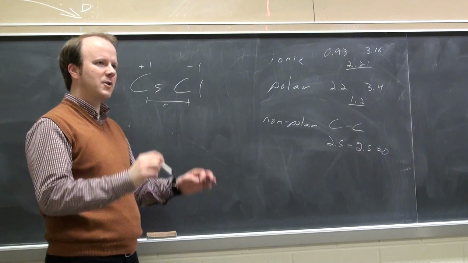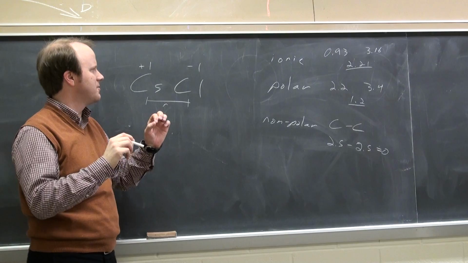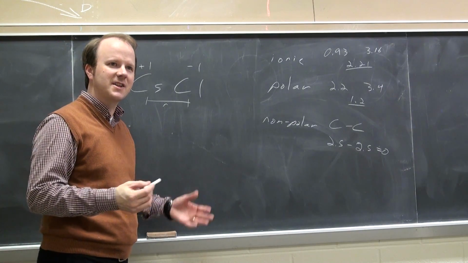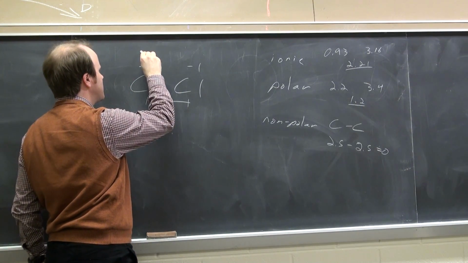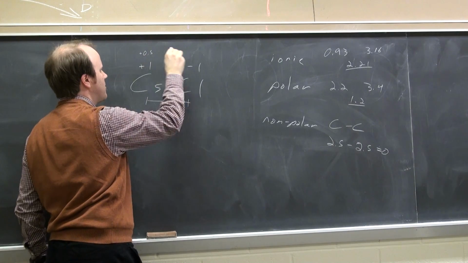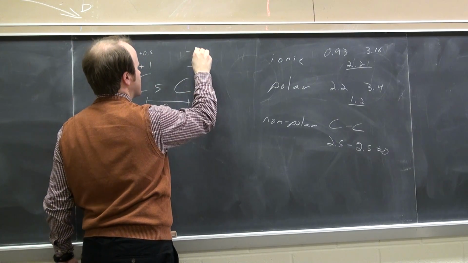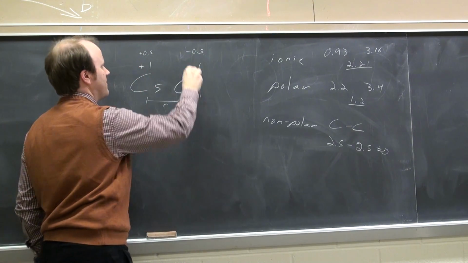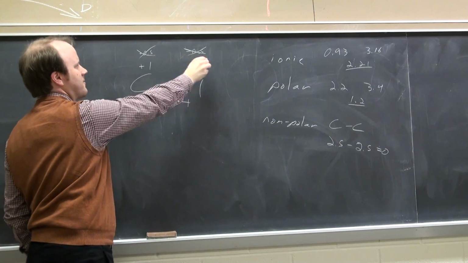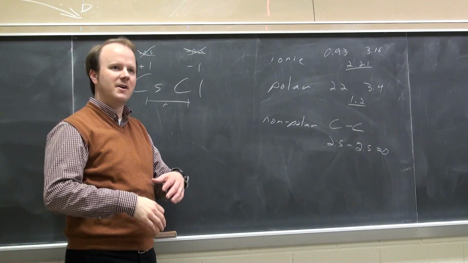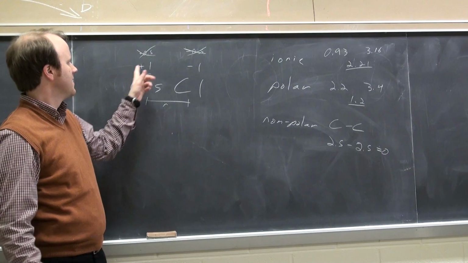In this class, we're not going to compute partial charges or anything like this. So you won't have to know that cesium is actually plus 0.5 and chloride is minus 0.5, anything like that. Those numbers come from the electronegativity or the measured dipole moment.